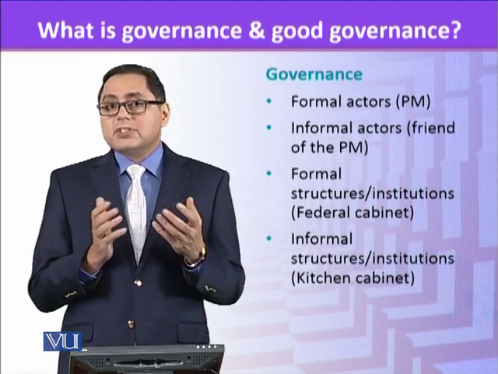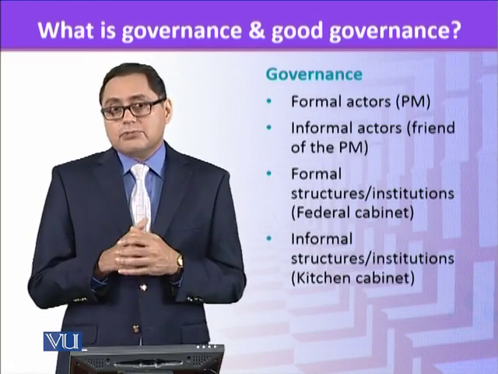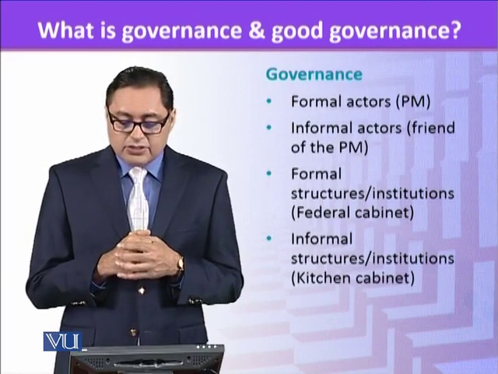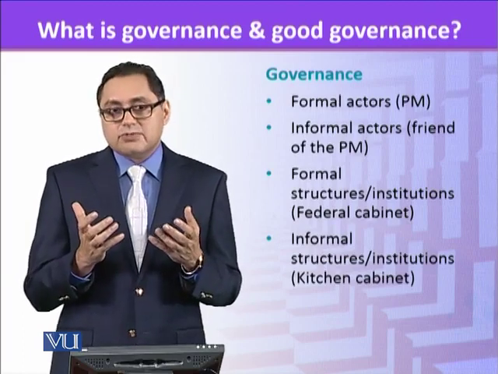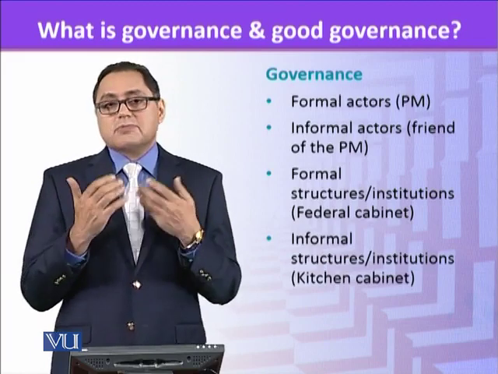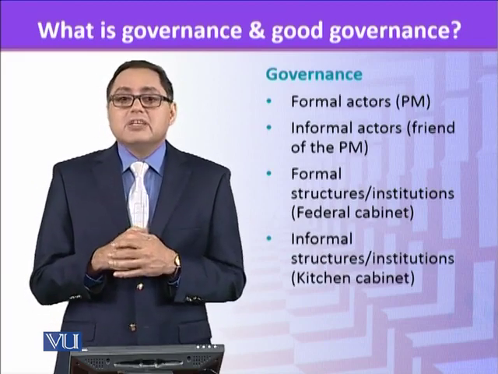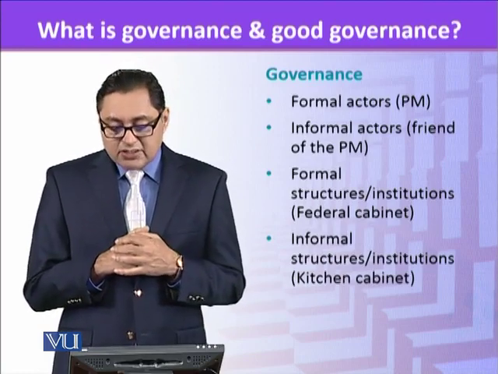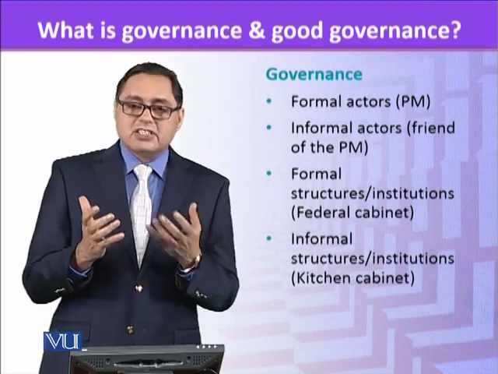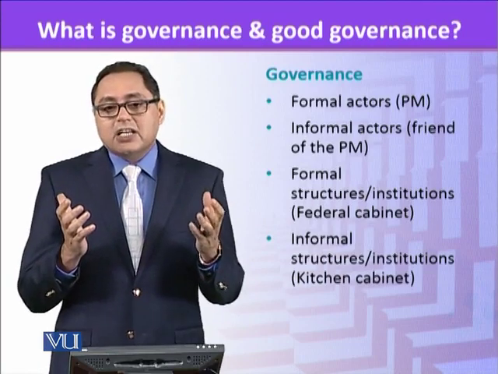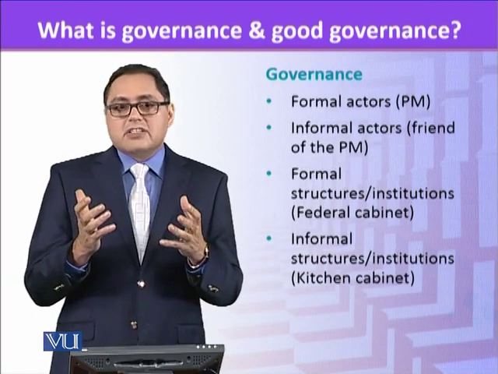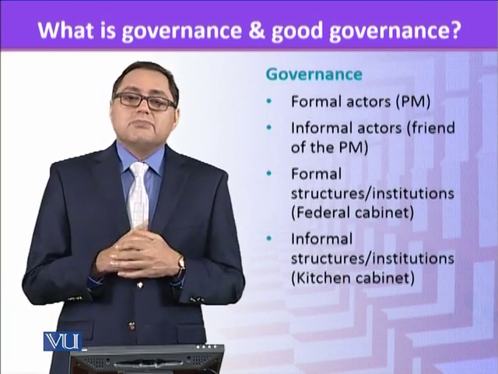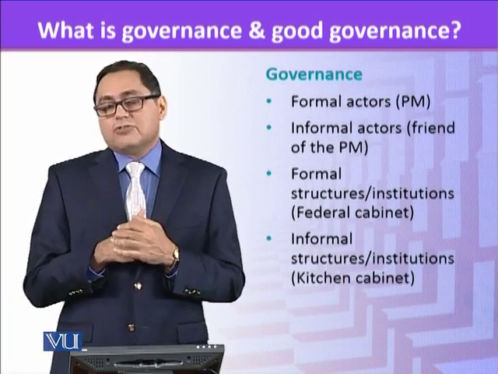Then there are formal structures and institutions and informal structures and institutions. So formal institutions will be the federal cabinet. The federal cabinet and the ministers plus the Prime Minister, they make policies, they decide about the policy. And the informal structure or institution will be the kitchen cabinet. The kitchen cabinet is the informal group of friends, which may include some ministers also, which the Prime Minister gathers around him.